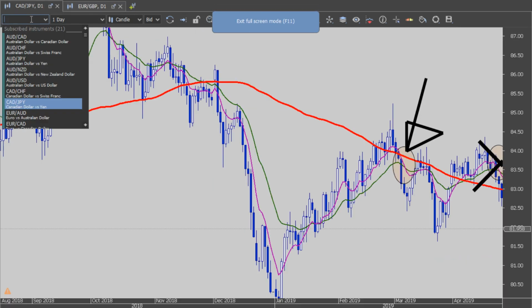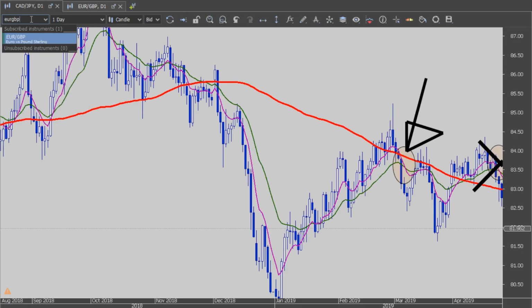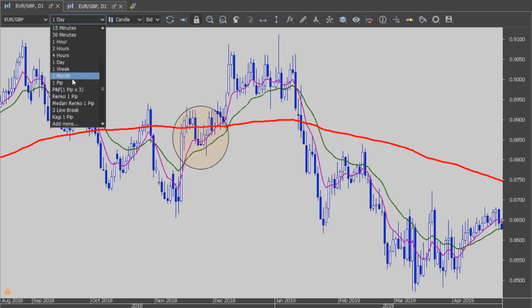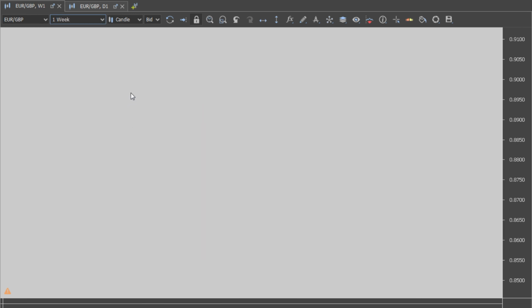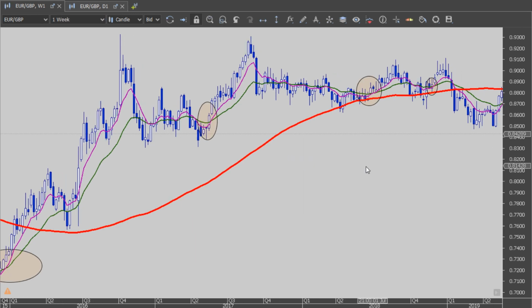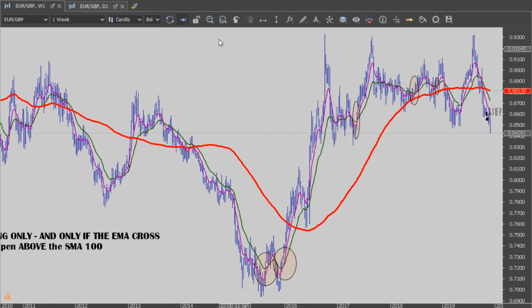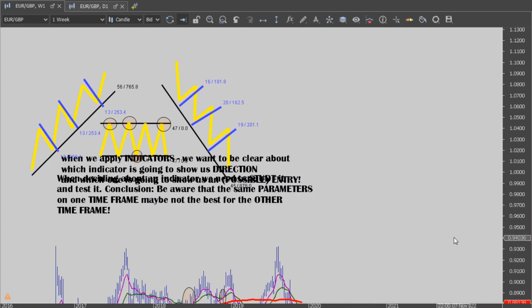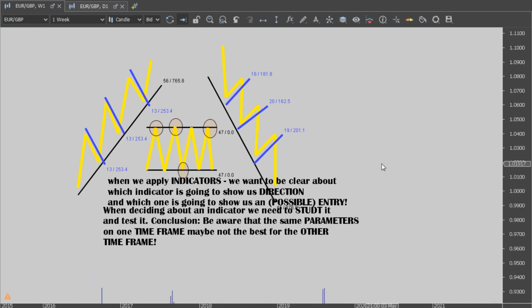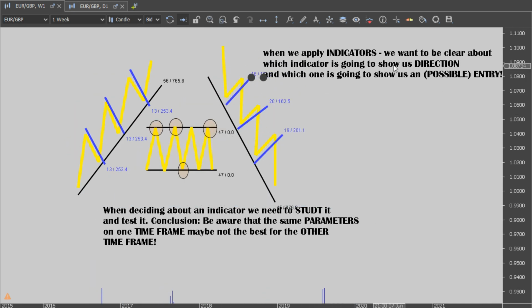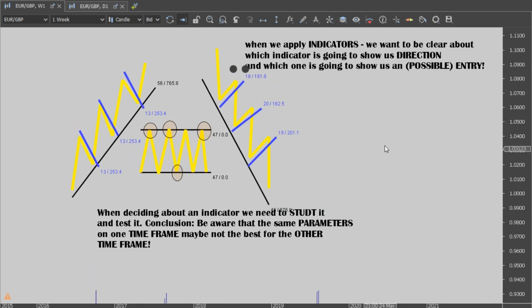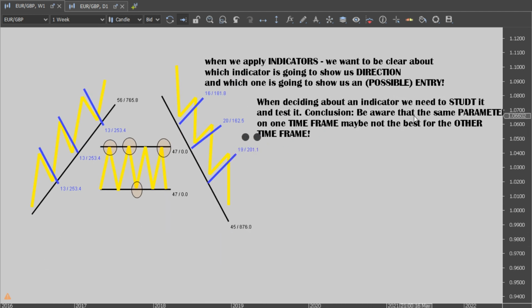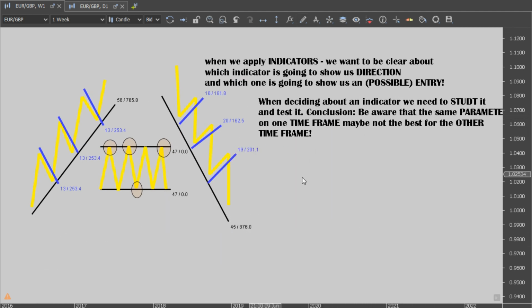And let's go back on Euro GBP weekly chart. Hopefully, weekly chart. And let me see if we are here. Okay. So this is the advanced module, everybody. You need to learn this, and let's write this down.